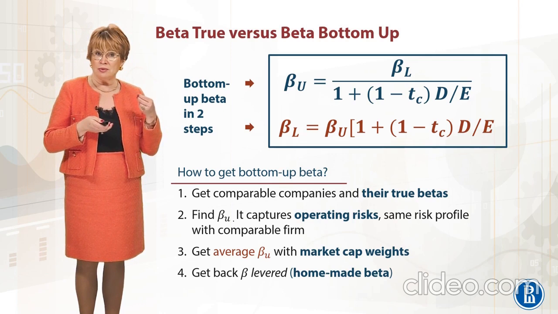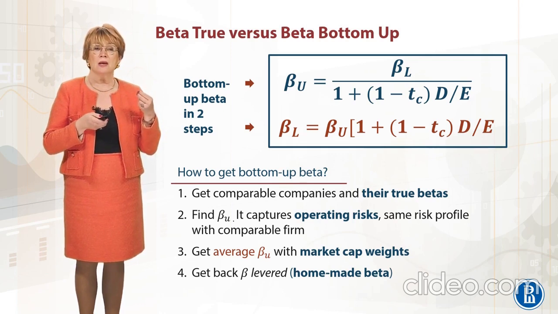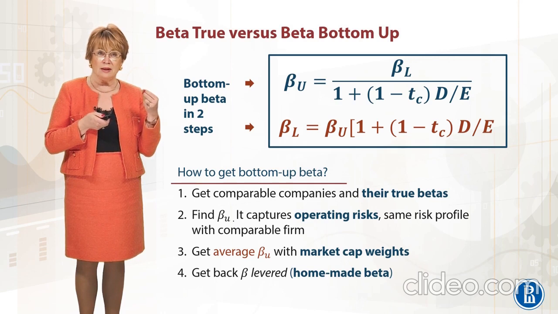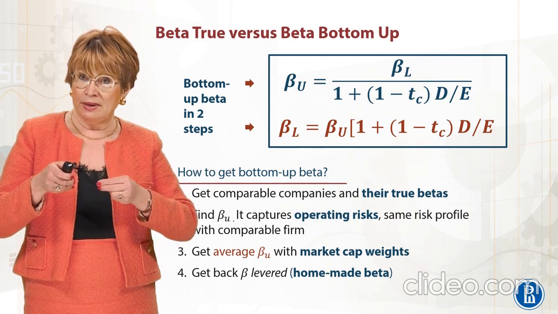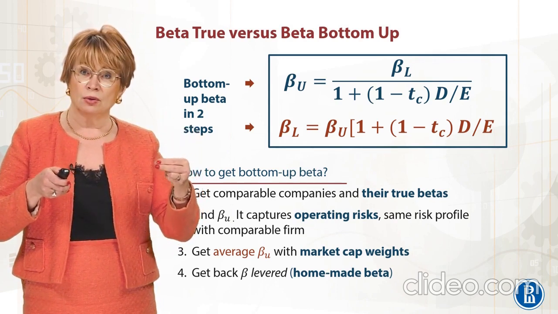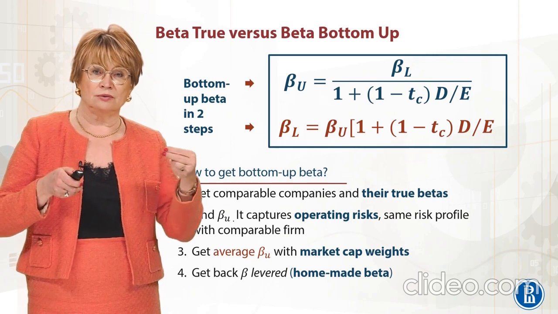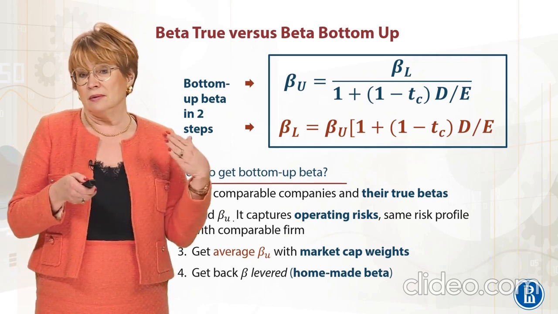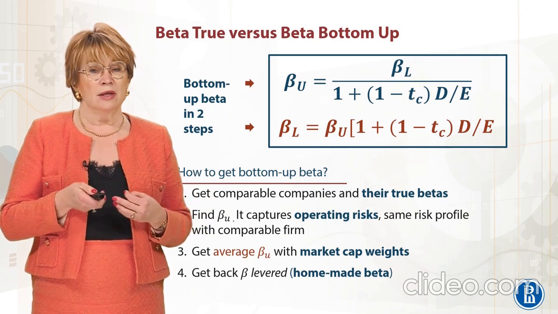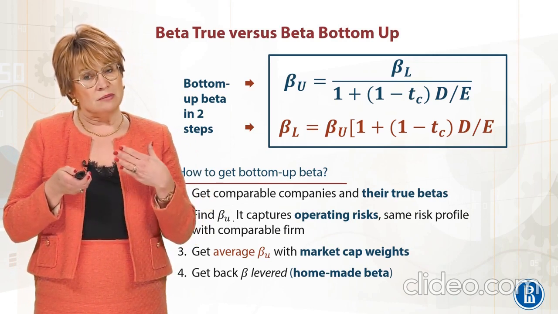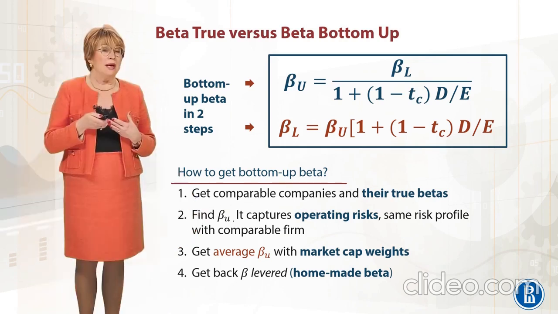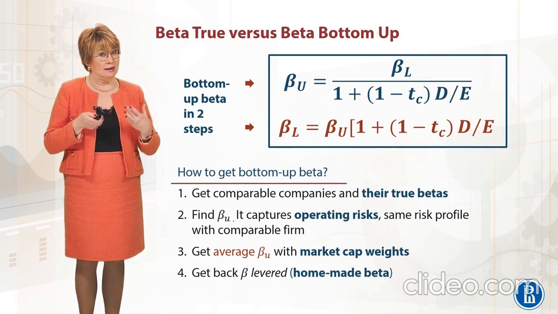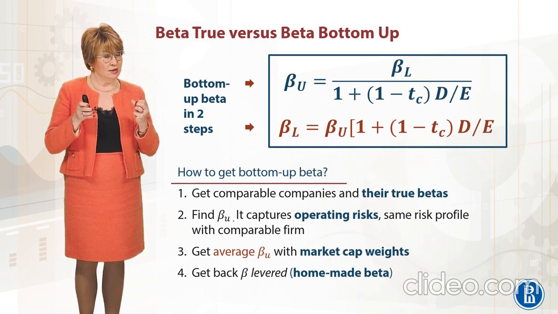And that's where in step number 3 we may assume: if we get the average beta unlevered from that very small sample of comparable companies, comparable in terms of their operations, in terms of the impact of the operating risk drivers on the required rates of return, then we can get the average beta, but it should be computed as a weighted average beta unlevered for these comparable companies in our small sample.